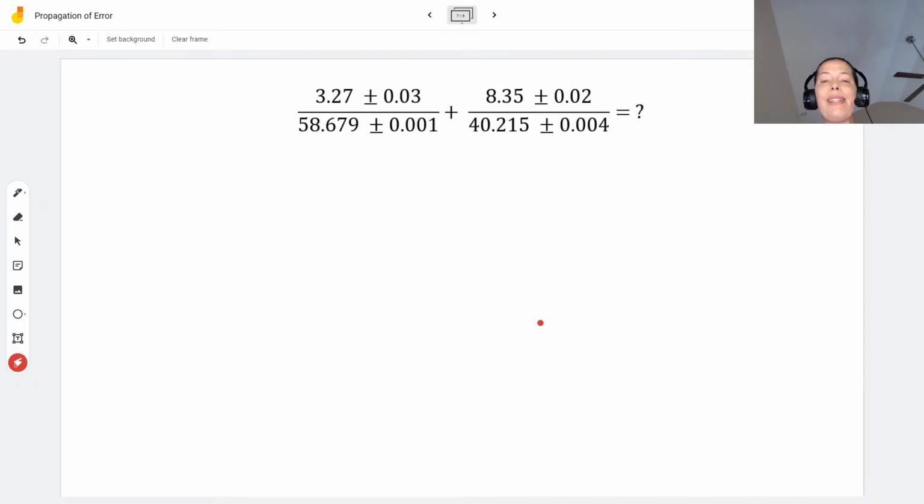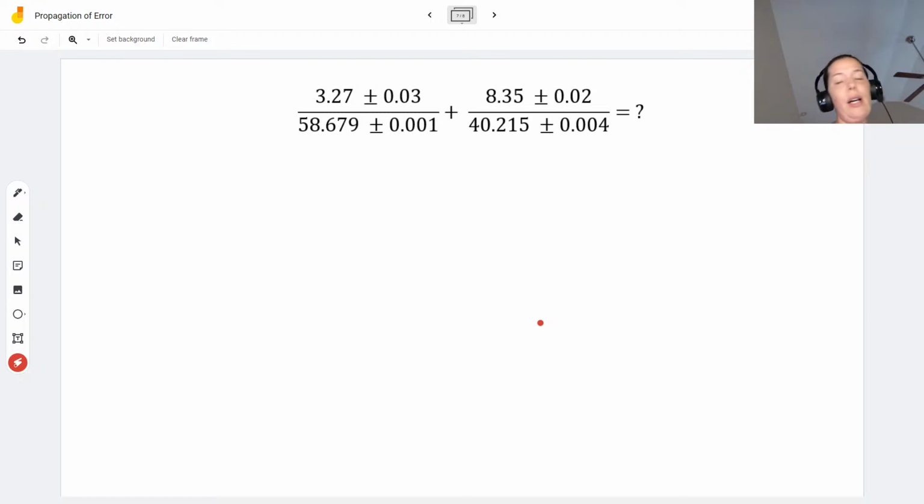I'm going to treat this first as just two division problems, and propagate my error. Once I have answers with the error propagated, then I will add them together, propagate that error, and we will get a final error. So it's going to take a little bit of work, because for the multiplication and division we've got to go to the percent relative uncertainty.